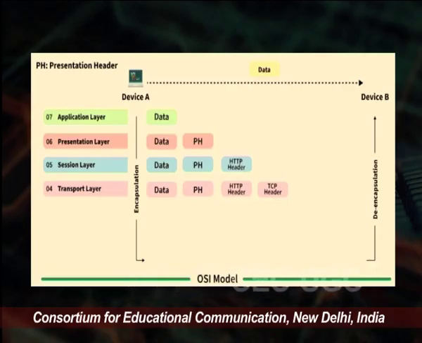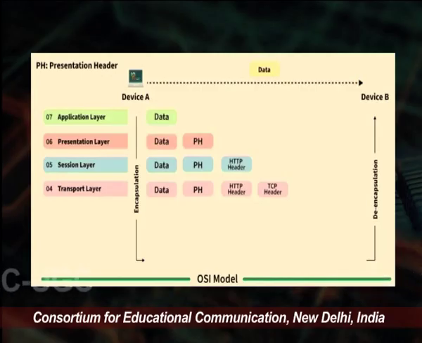The transport layer's job is to ensure reliable delivery, and for this it includes a TCP header onto the data. The data which started from the application layer becomes data and presentation header at the presentation layer. On the next layer, the session layer, the HTTP header has been enclosed.